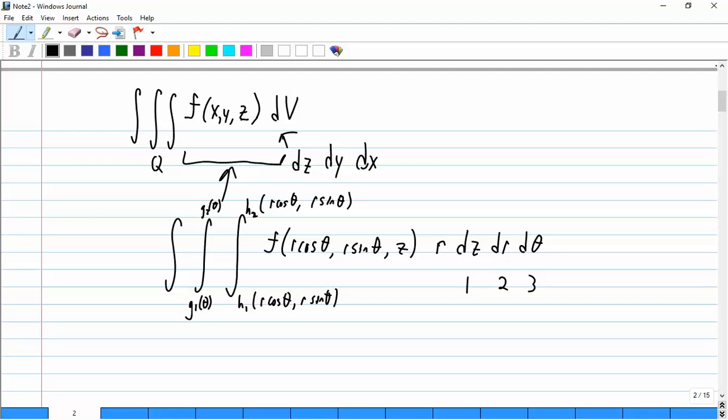It just depends on the problem. And then, just like other double and triple integrals we've done, the last integral that we do, we're going to be plugging in real numbers. Since this is theta, it's going to be radians, so it will be from some angle measure in radians to another angle measure in radians.